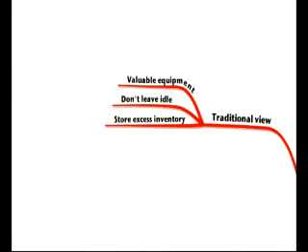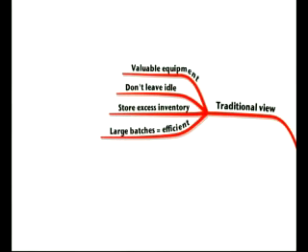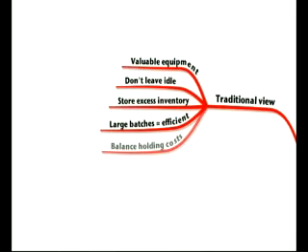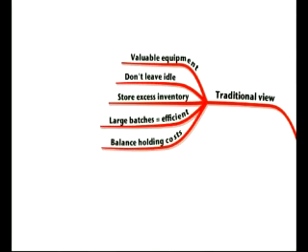It's an asset anyway. It can sit on your balance sheet until you can sell it. So large batches were seen to be efficient. Producing large batches, keeping your machinery running, was seen to be efficient. You then had to balance the holding costs of the inventory.